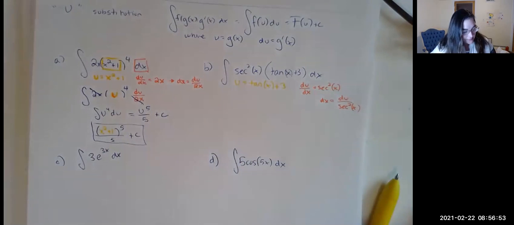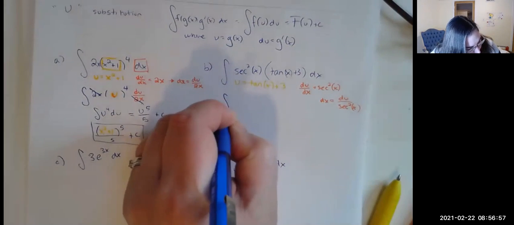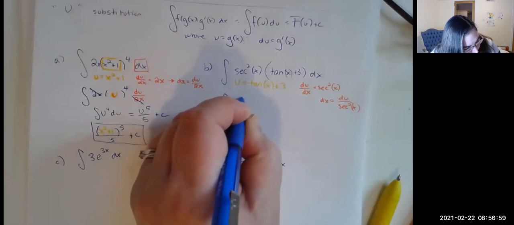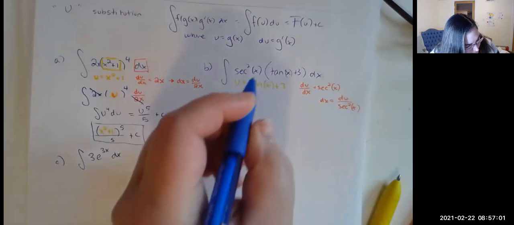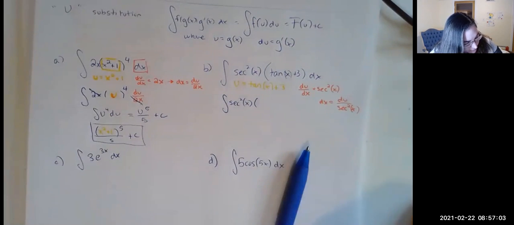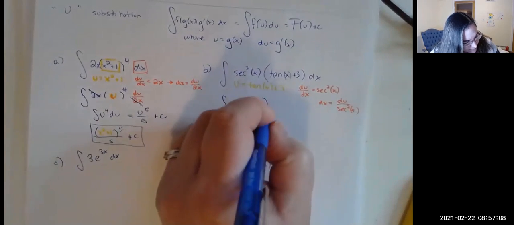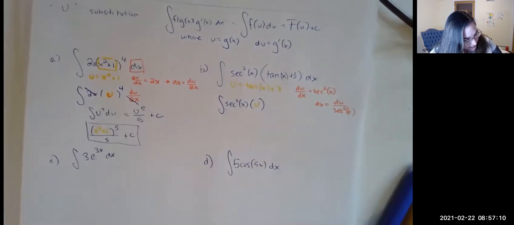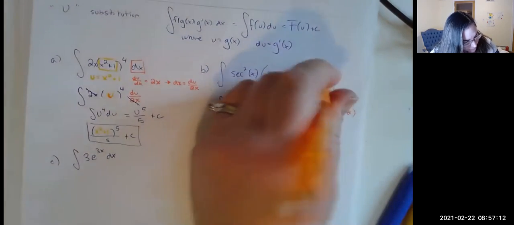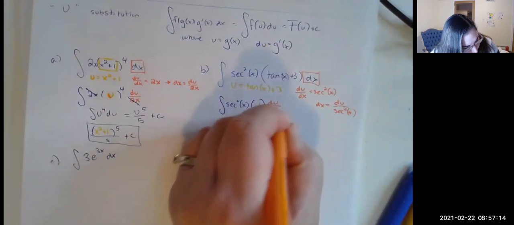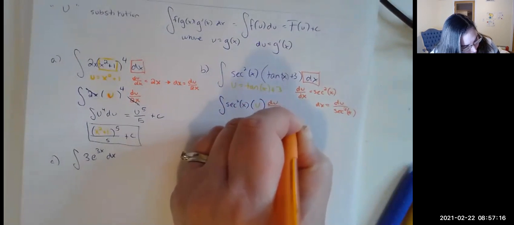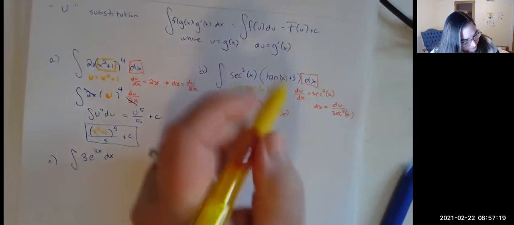Okay, and now I can substitute. So integral of secant squared x times, I'm going to put this u in, u substitution. And then instead of dx, I'm going to replace dx with du over secant squared x.